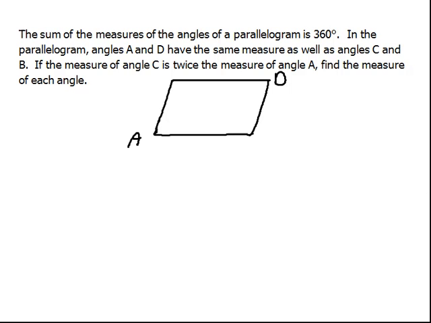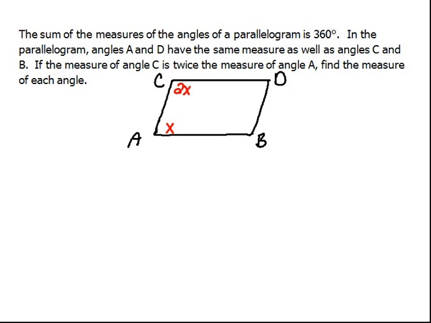They also said that C and B have the exact same measure. So we're also going to have to do the same thing here. C and B are going to have the same measure. Now, they also said in the next sentence, if the measure of angle C is twice the measure of angle A. Well, if we knew what A was, we would just double it to find C. So let's let angle A be x, or our unknown.